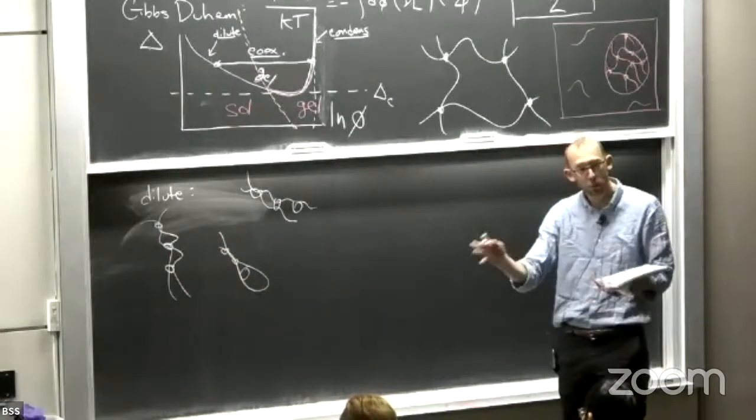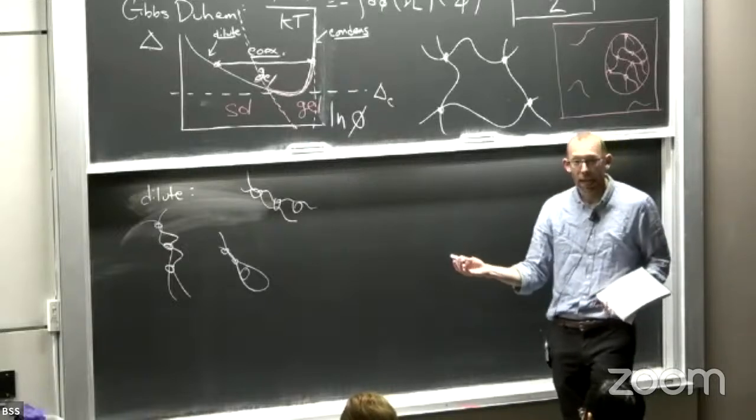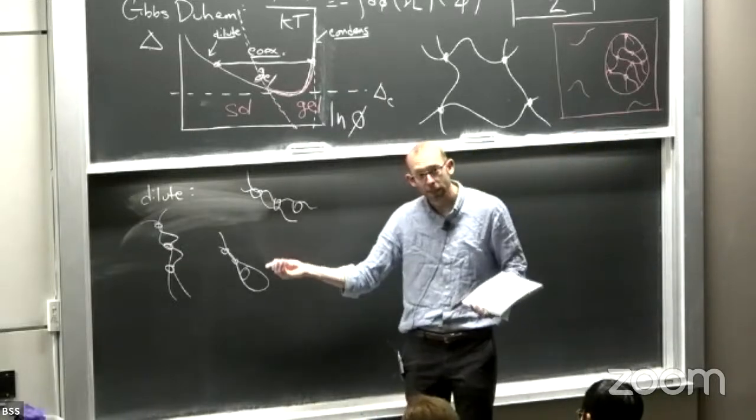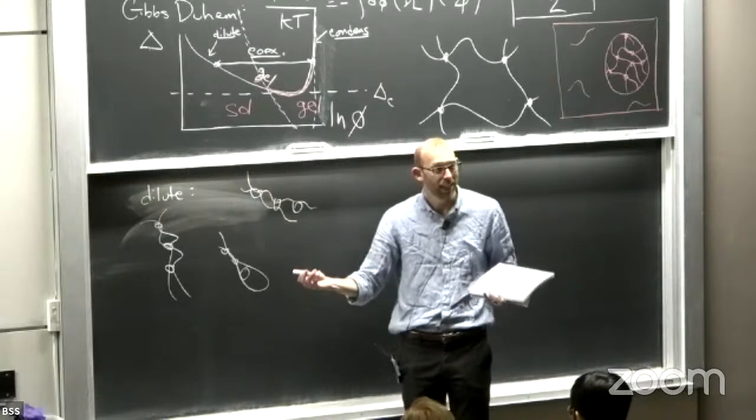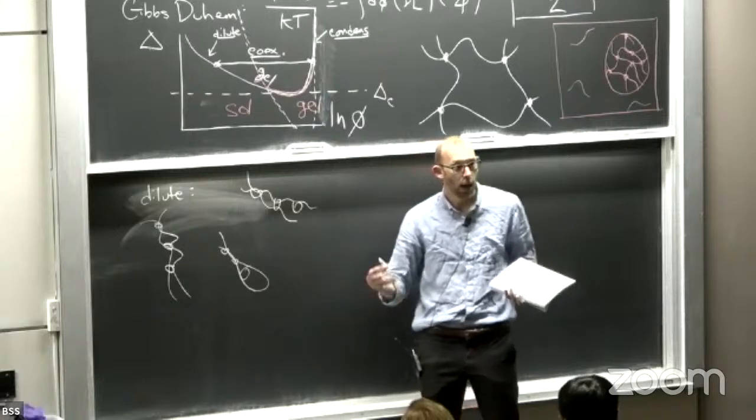So this gets complicated, but there's one quite simple thing that we can do, and that is to treat different species as different species, and establish chemical equilibrium among them.